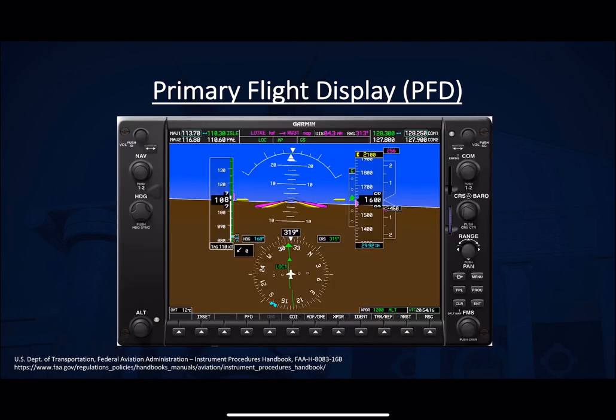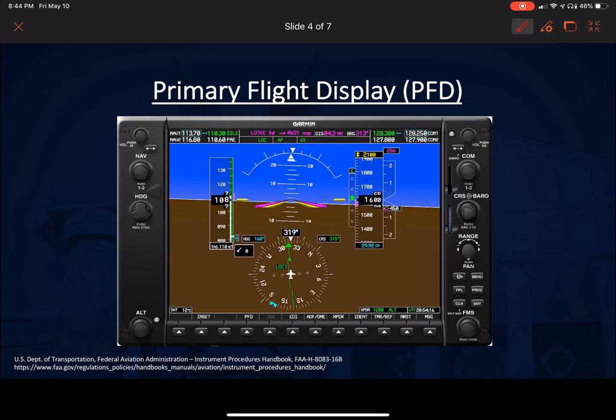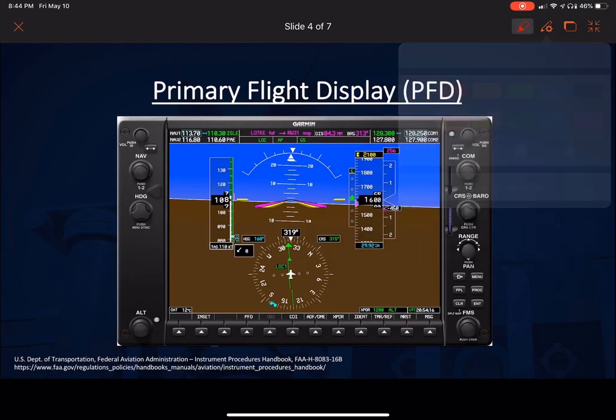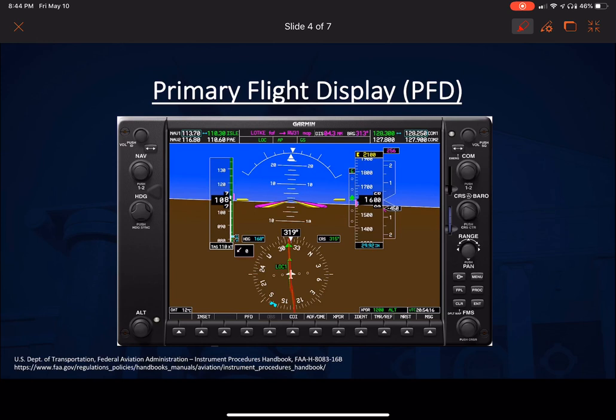The primary flight display also gives you, if you're on an instrument approach, your localizer and also your glide slope intercept that you traditionally have with your round dial.